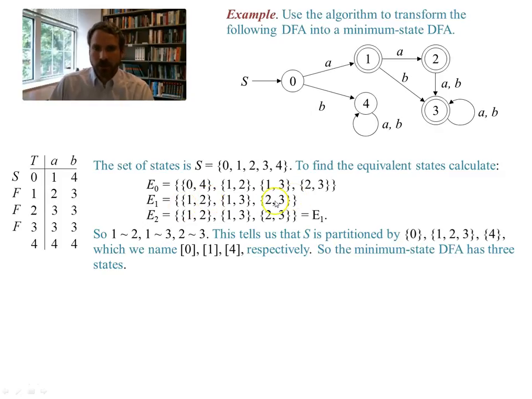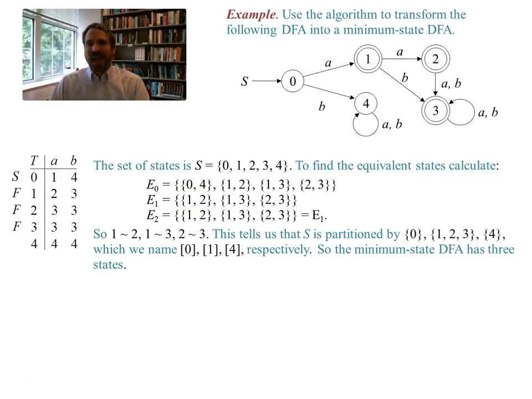But in this case, 0, 4 is the only one we want to kick out. And when you go to the next state, E2 here, it's the same as the previous one. And you stop this process as soon as you get to a refinement of the partition that is equivalent to the one before. It's a lot of words.